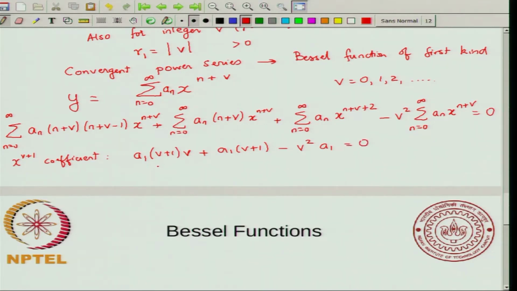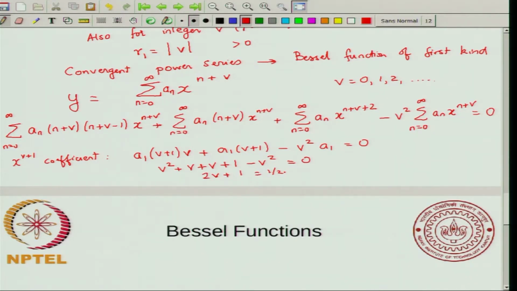So what you get is (v plus 1) v, and if you just cancel the a1, this will be v squared plus v, plus v plus 1, minus v squared, equal to 0, and therefore you get 2v plus 1 equal to 0.